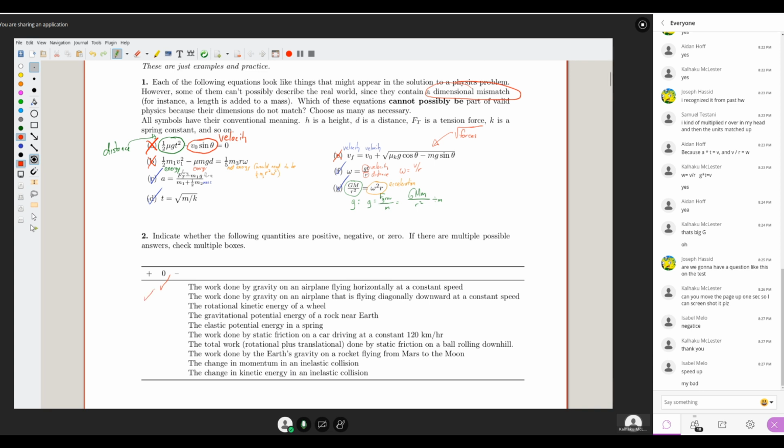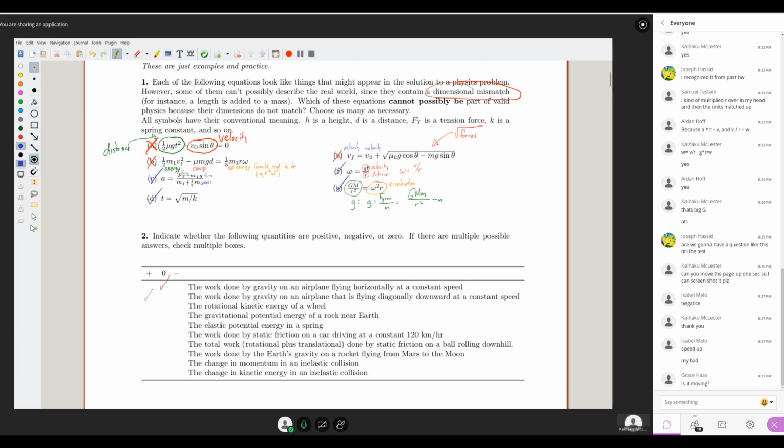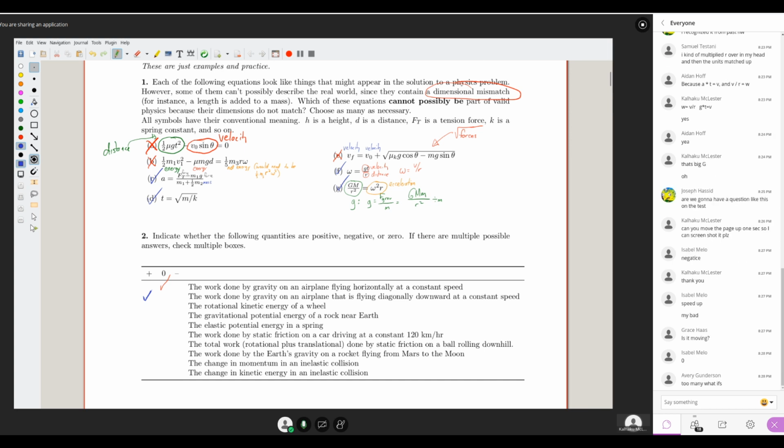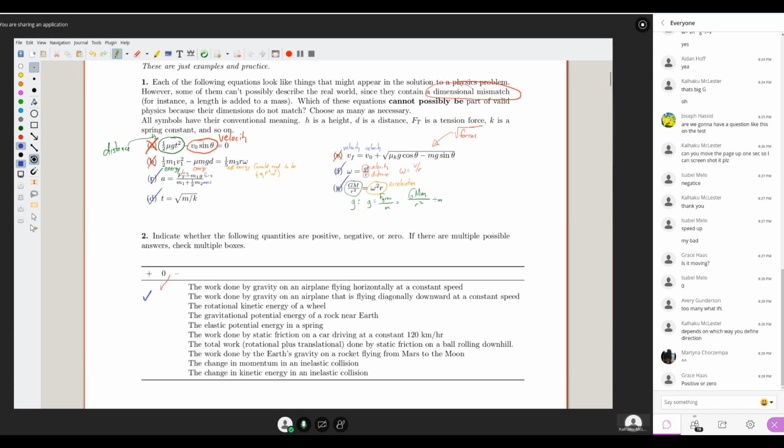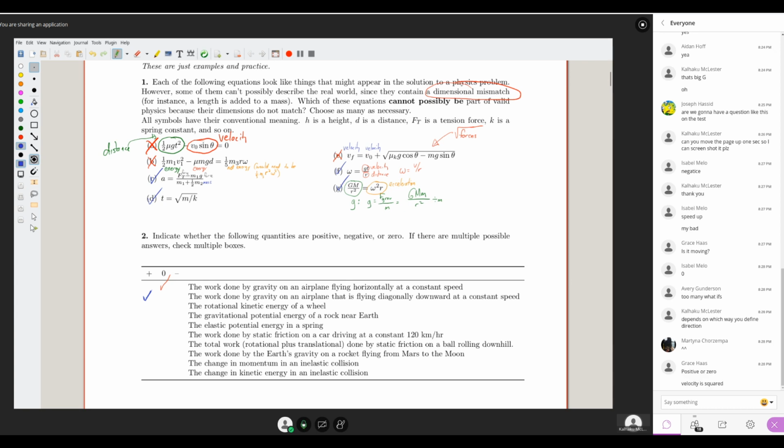Okay, tell me about the rotational kinetic energy of a wheel. Is that positive, negative, 0, or could it be multiple of those? Well, I don't know, Grace. Maybe it's moving, maybe it's not. Too many what ifs, yeah. Okay. Some people say positive or 0. Kalhaku's saying it depends on direction.